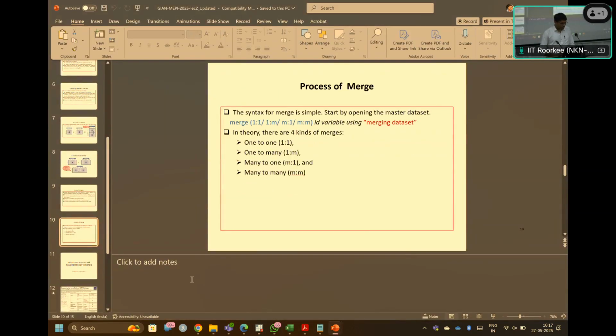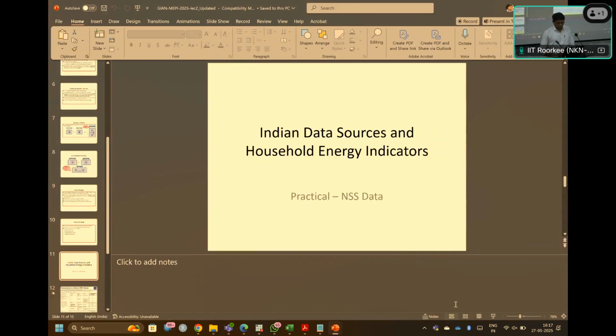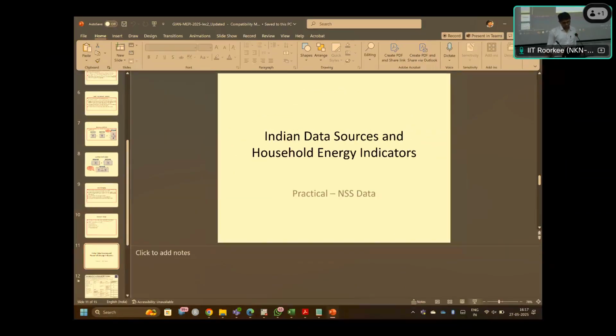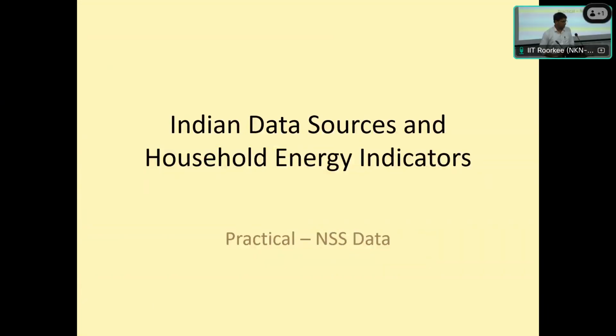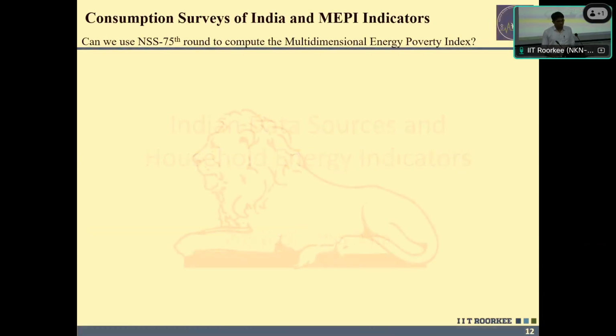Let's proceed further about our indicators for energy-related household energy indicators from the Indian data sources. Since I'm explaining NSS data, we can get some of the energy-related household energy indicators from NFHS, the 75th health consumption round, as well as the consumption expenditure round.